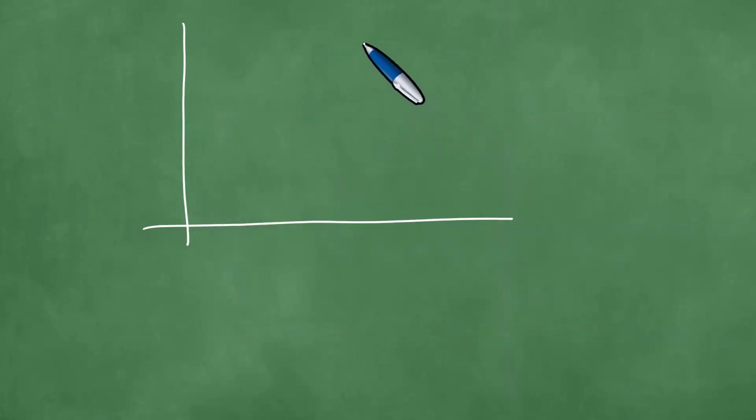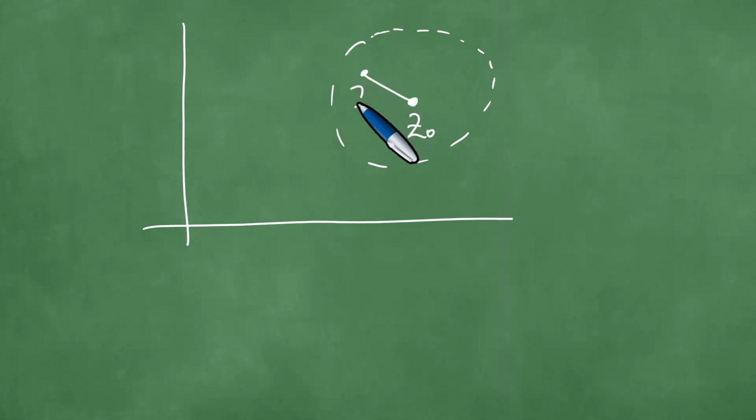So now we are here. Here is Z0, and then Z, and then epsilon.